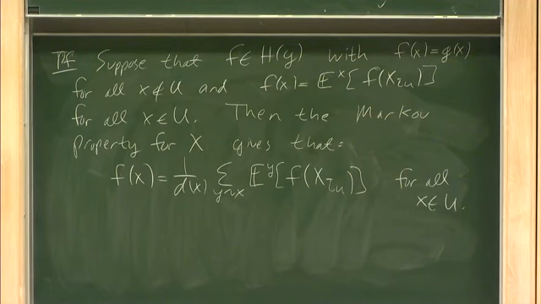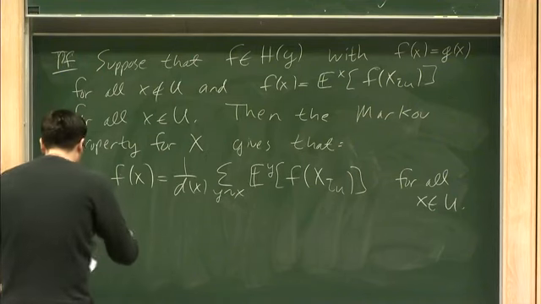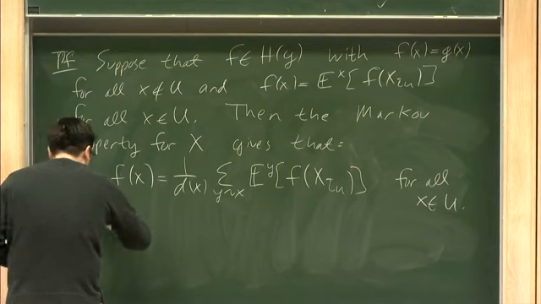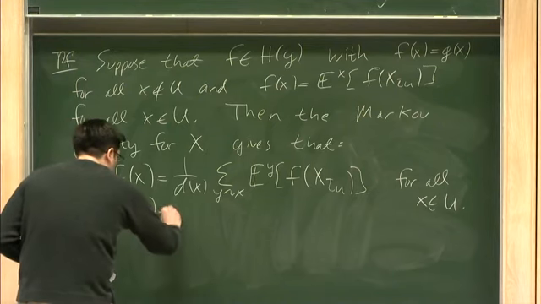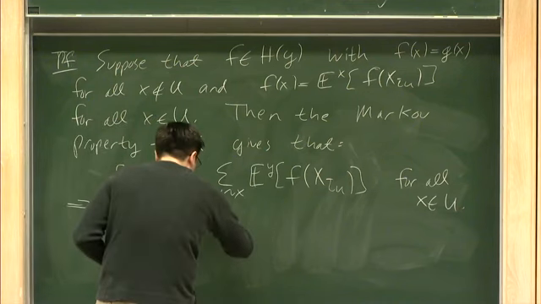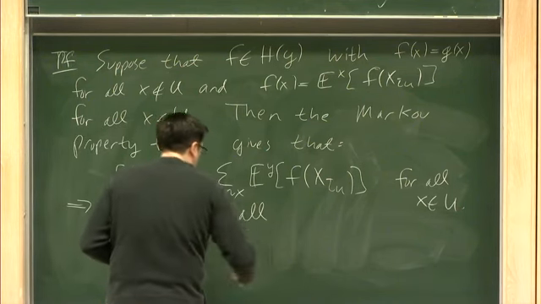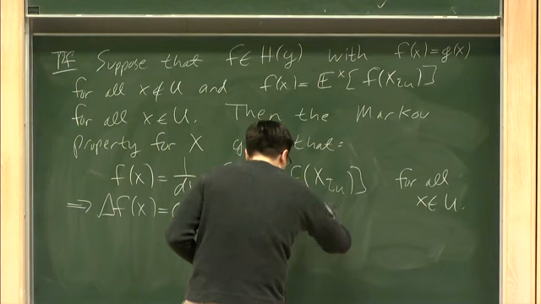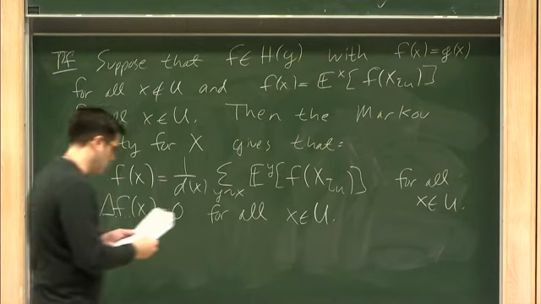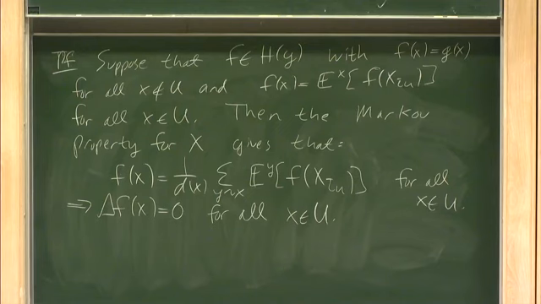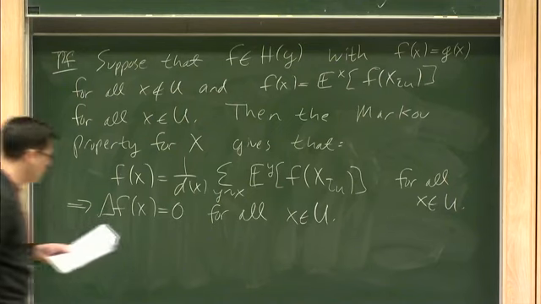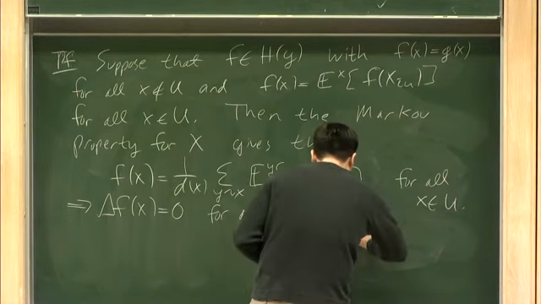And if you just rearrange this, this tells you that the Laplacian of f of x is equal to 0 for all x in U. And this tells you that this function has to be harmonic. All right.